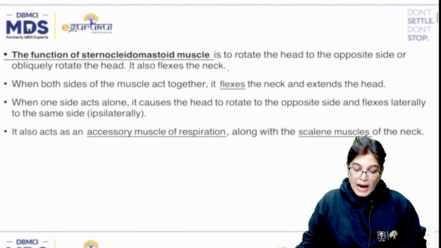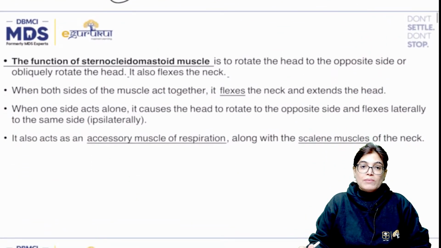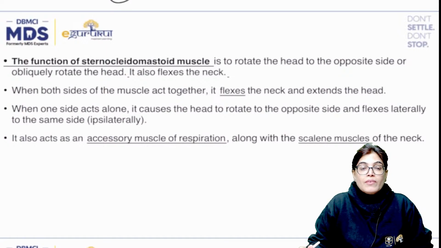Now I would also like to tell you about the action or the function of the sternocleidomastoid muscle. When I am talking about the function of the sternocleidomastoid muscle, it is rotating the head to the opposite side, and obliquely rotating the head. It also has another action of flexion of the neck.